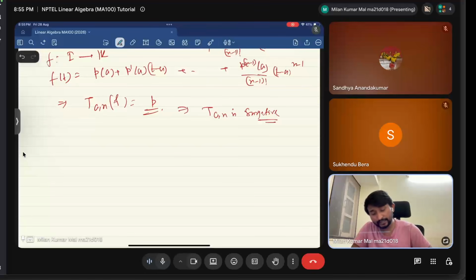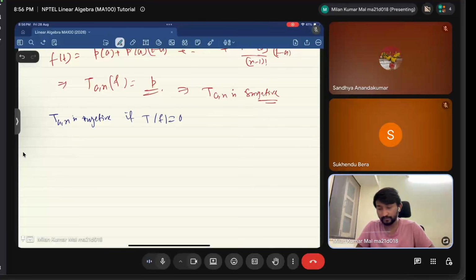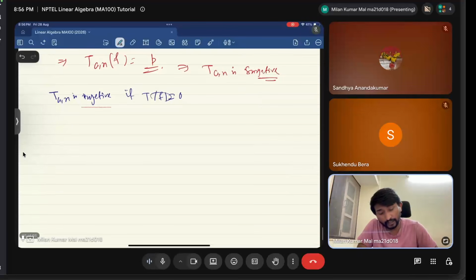Now the injective part. Note that T_an is injective if T_an of f equals 0 implies f equals 0.